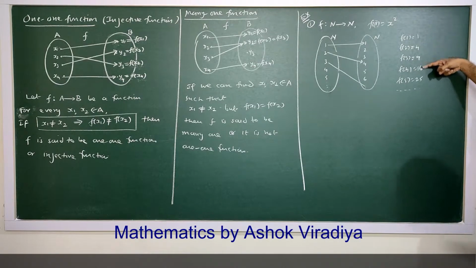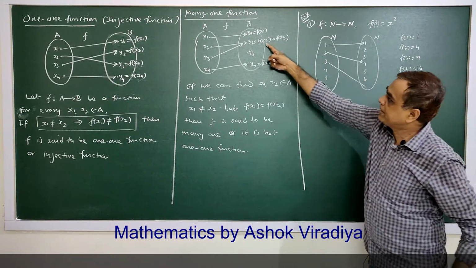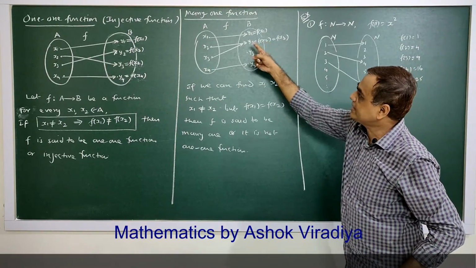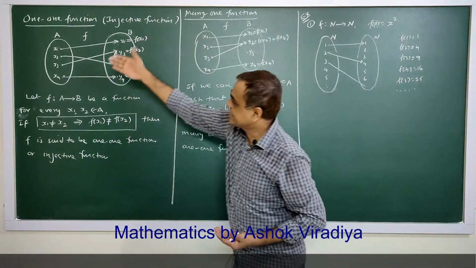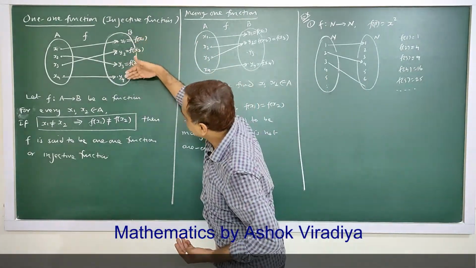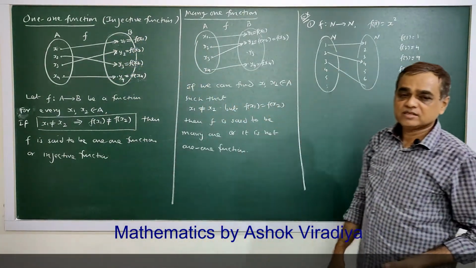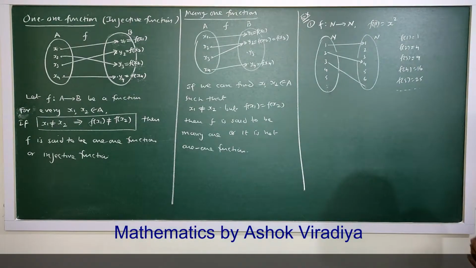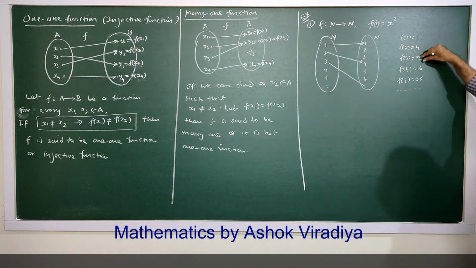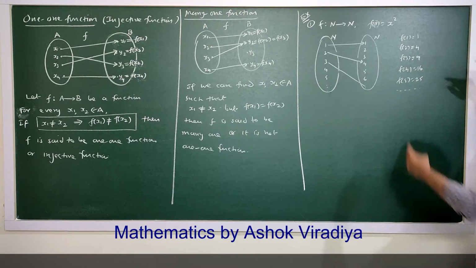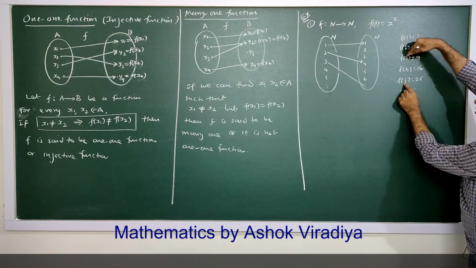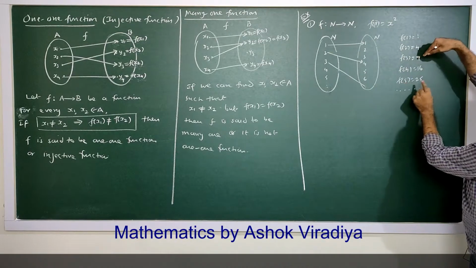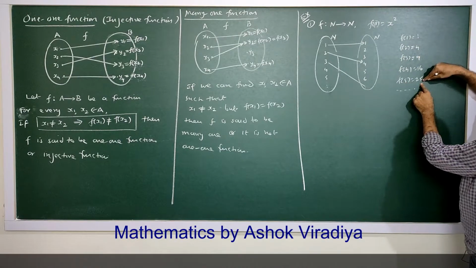No output is repeating. If an output is repeating, then it is not one-one. But for every distinct input, the output is also distinct every time. Then it is one-one. So here there is no repetition of output: distinct input, distinct output. Select any two inputs: 3 not equal to 5, 9 not equal to 25.